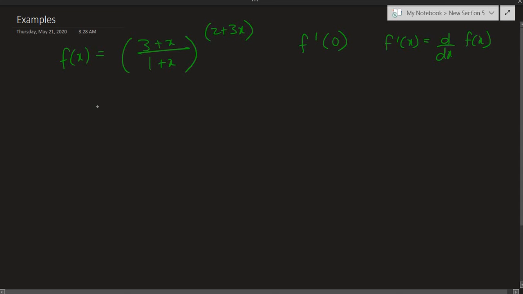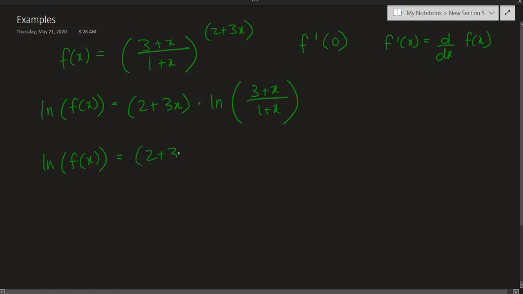So as we did with the last example, let's take the natural log on both sides. So the natural log of f of x is equal to, we can bring the power down, 2 plus 3x times the natural log of the base, 3 plus x divided by 1 plus x. Now remember another natural log property. So let's write the left hand side as it is.